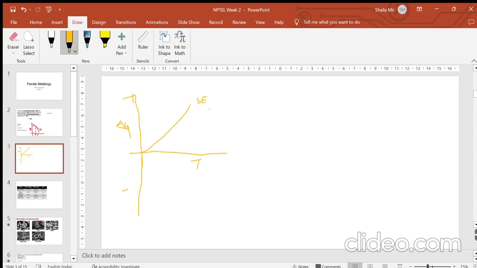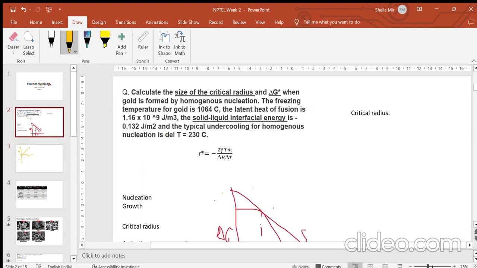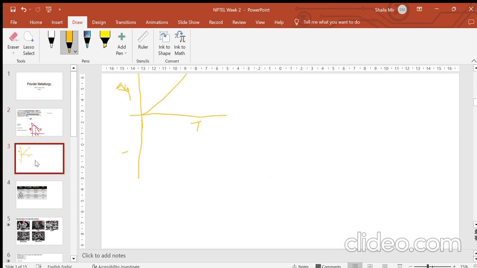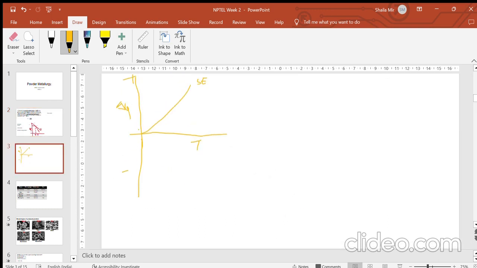But we also know that during solidification, as we decrease the temperature below the solidifying temperature, the liquid tries to get converted into solid because of its lower free energy. This lower free energy drives another energy for nucleation, known as volume free energy.